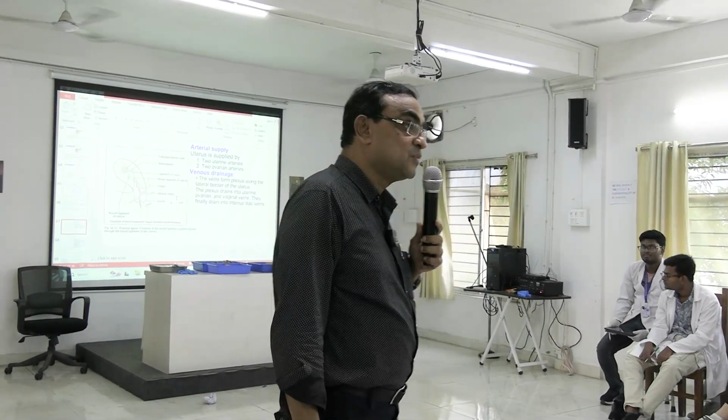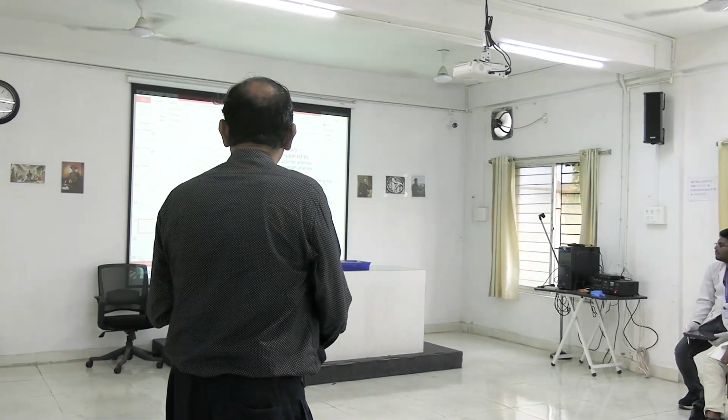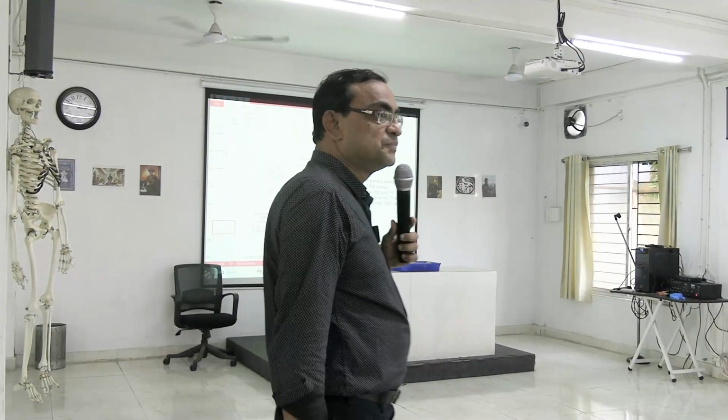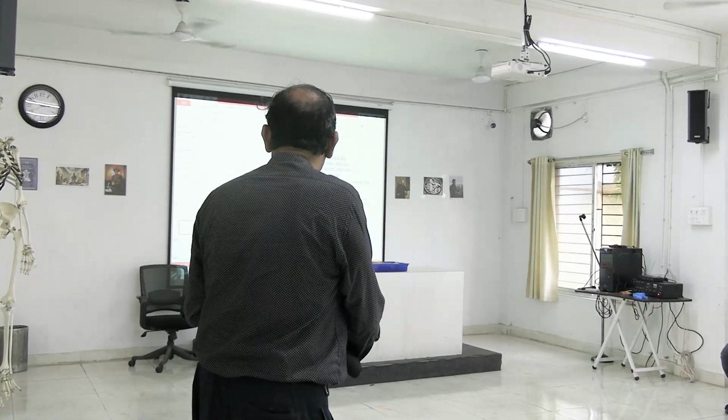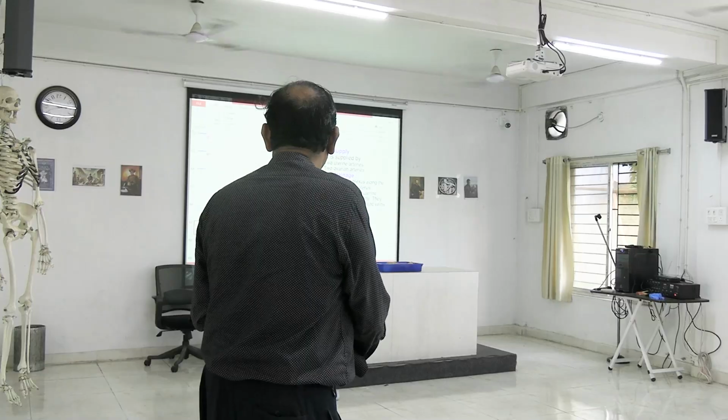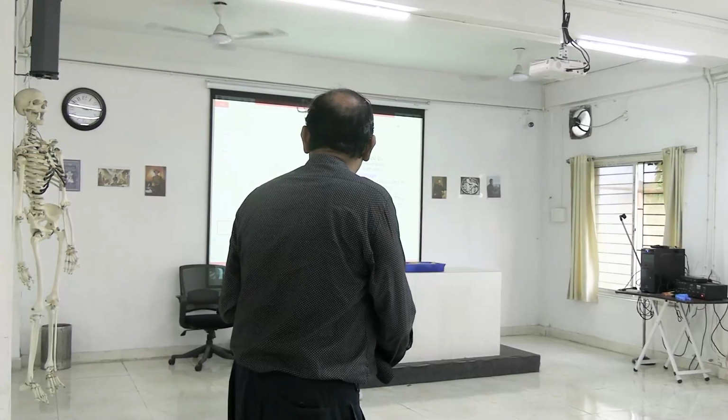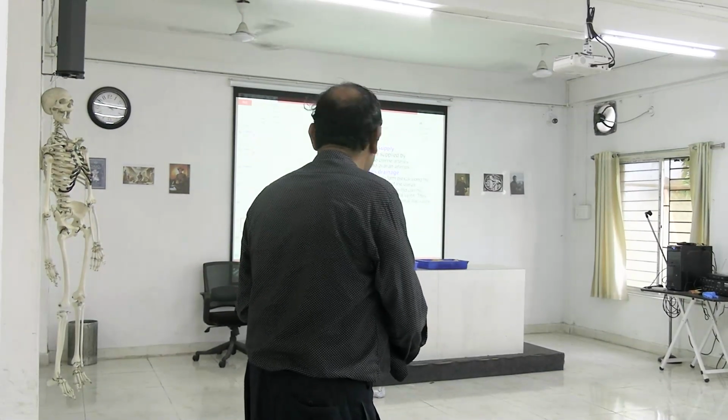Why? Suppose we have to remove this uterus. What will we do? First, we have to ligate this uterine artery. When we are ligating this uterine artery, we may ligate the ureter also.